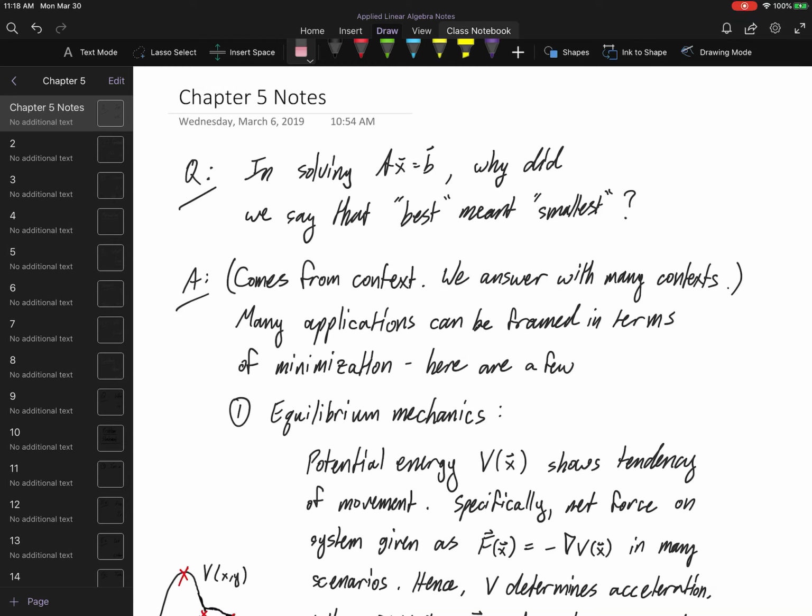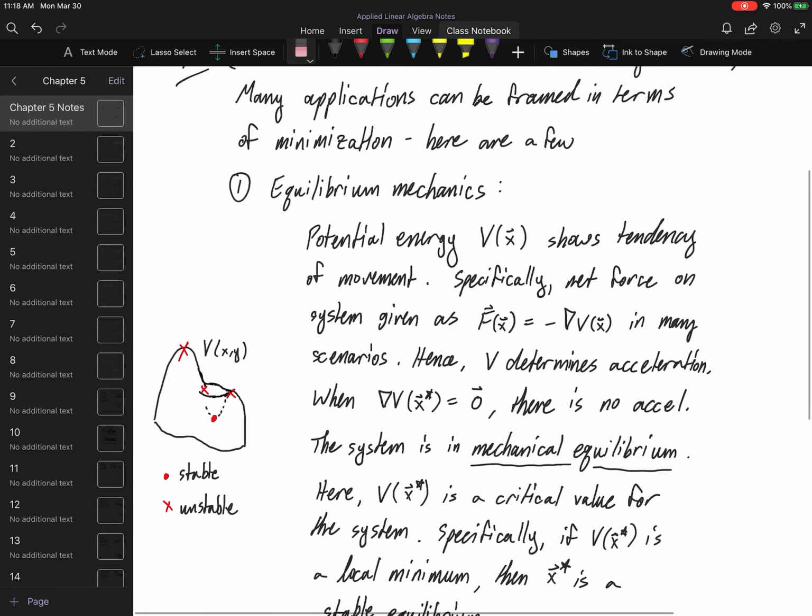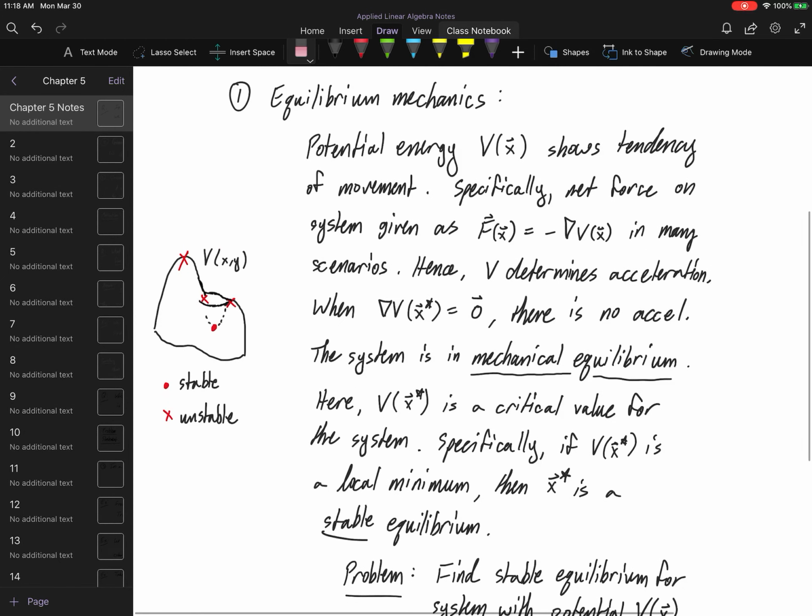Actually, all of these applications have to do with the fact that we are trying to minimize something. The first application might be familiar to those who've taken any physics or any dynamical systems theory. We would have a potential energy associated with some system, and that's going to give us a measure of where energy wants to flow in the system, where particles want to move.